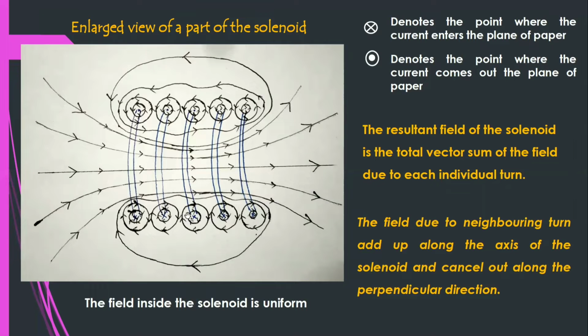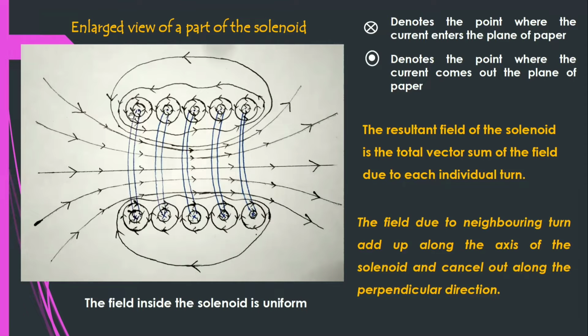Here we can see that the lines of force cancel each other in the vertical direction, but they add up in the axial direction. Look here and here, they are the same. The resultant total magnetic field of the solenoid is the vector sum of the fields due to each individual turn, and the fields due to neighboring turns add up along the axis of the solenoid.